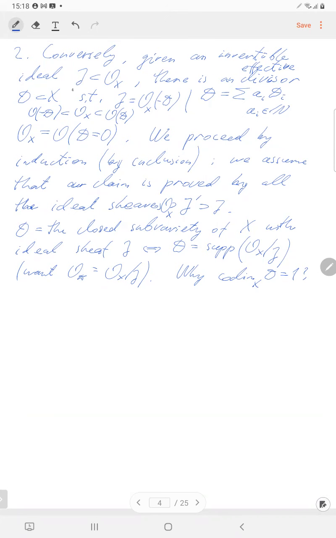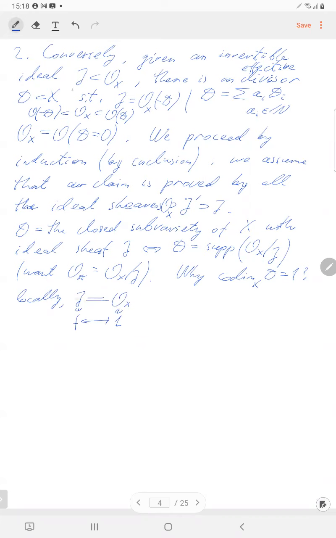Because you know that locally this J is an invertible ideal, so it's isomorphic to OX.